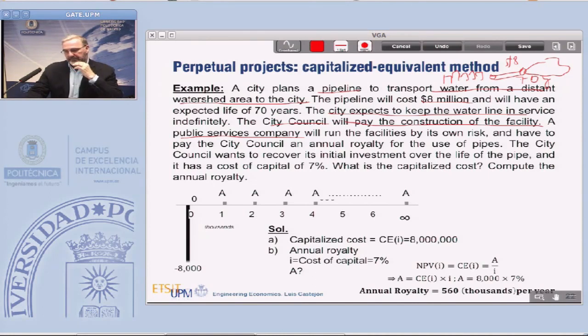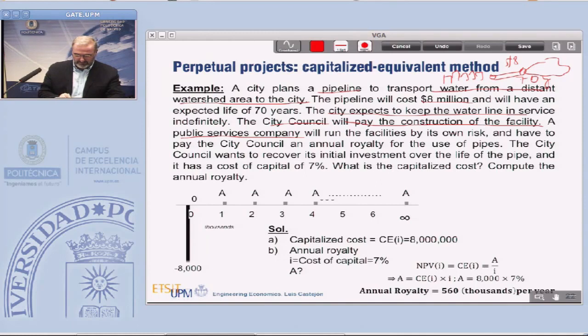And the pipes and the sewerage of the city of Madrid are from the local council. And then it arises the problem that those pipelines have been financed by the local council, and the local council has to put a price for using those pipelines to the public service company that is going to use them.